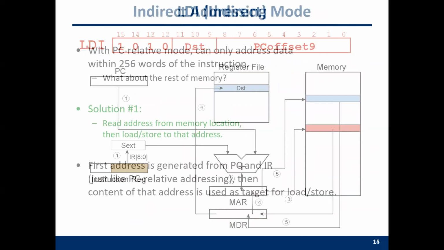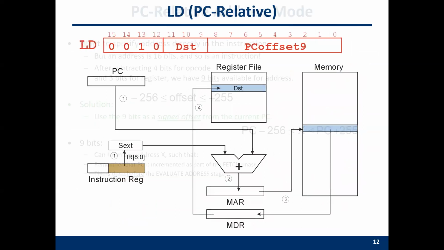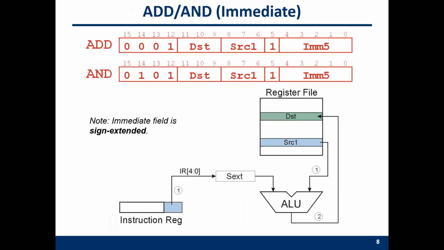For 0101, it's the AND operation. After you know this is an AND operation, you can further decode what's the destination register, what's the source one register, and what's the immediate field.